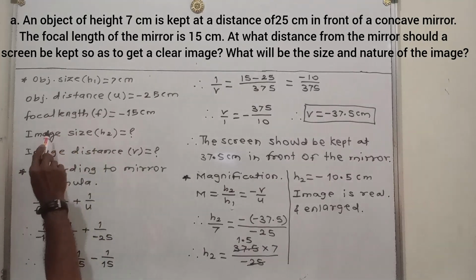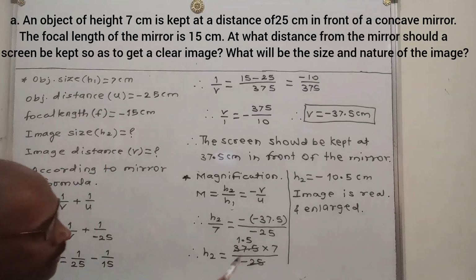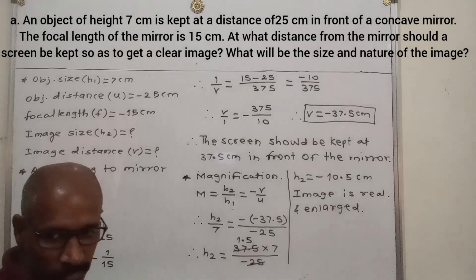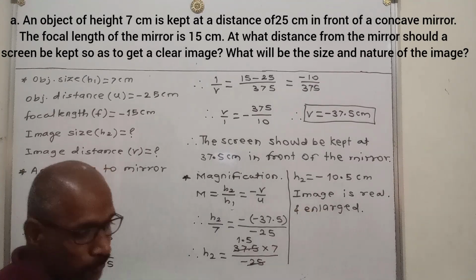See here, where is object size? It is 7, and image size is bigger, no? Did you get it? So that is enlarged, bigger one.